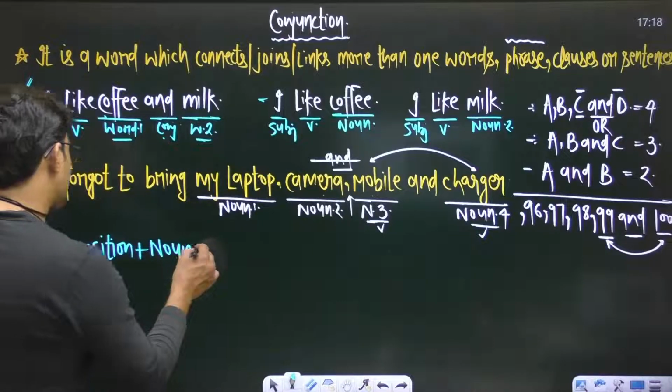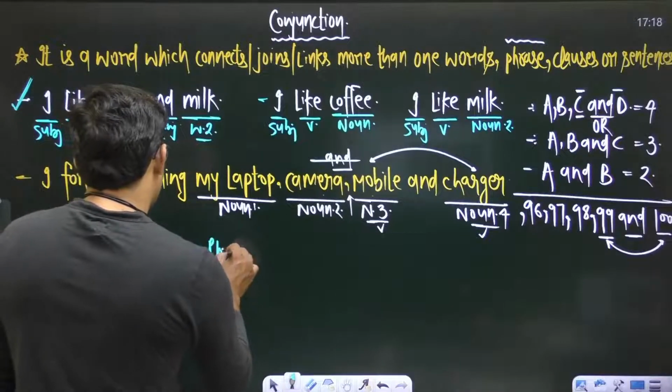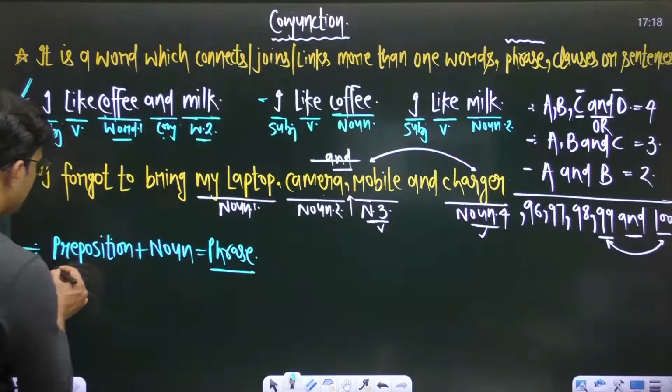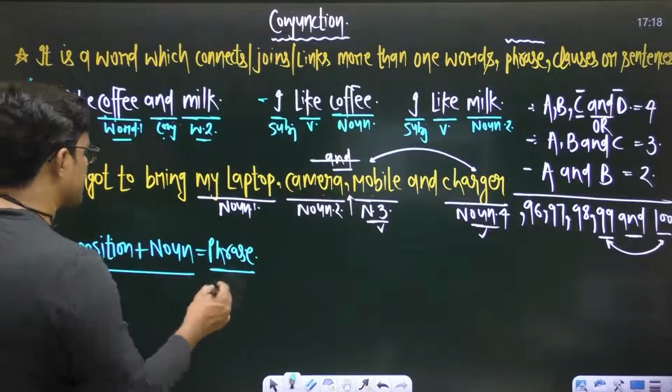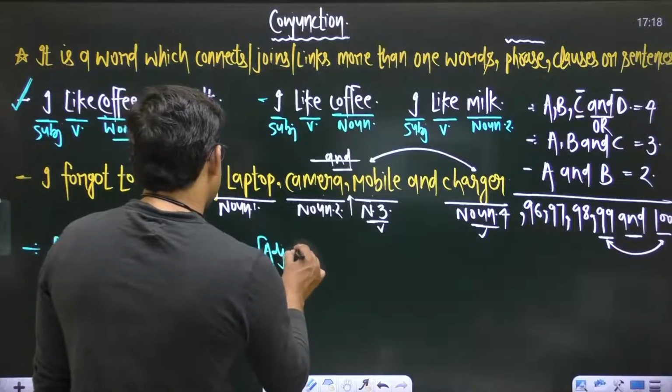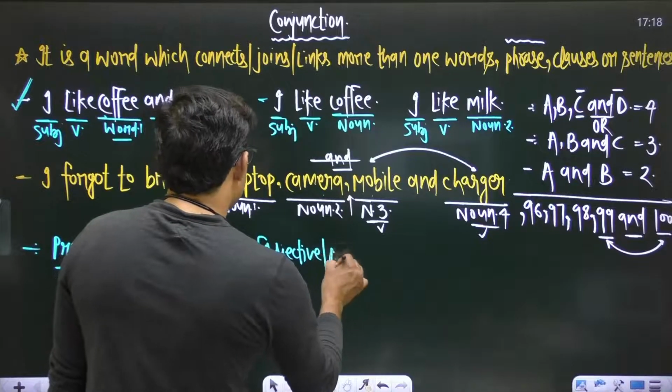So preposition plus noun is equal to always what? Phrase. Preposition plus noun, collectively it becomes a phrase. And make sure this phrase acts either as an adjective or as an adverb.